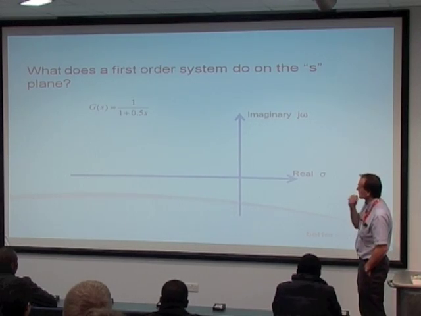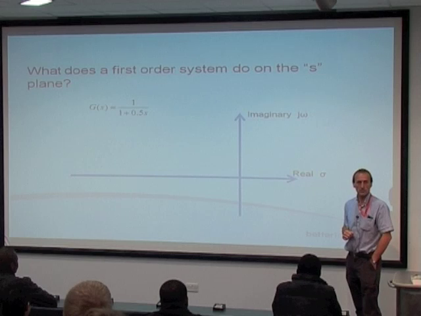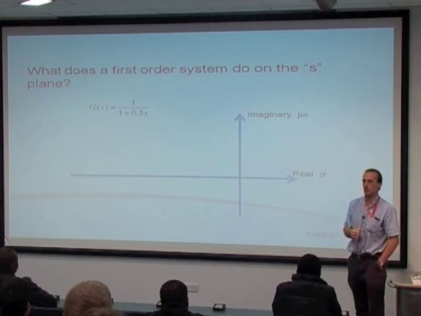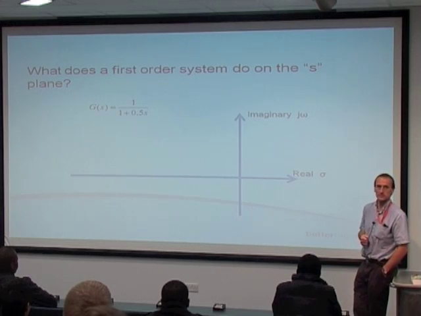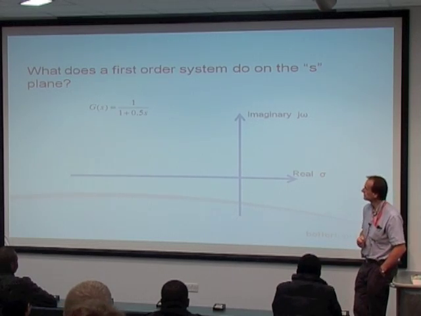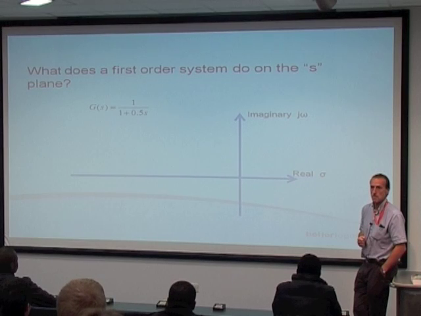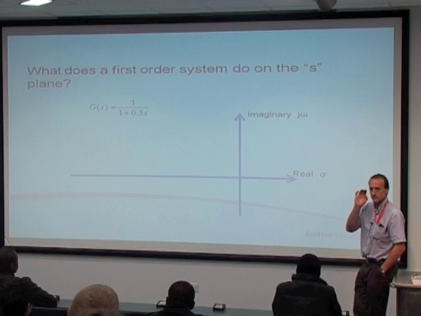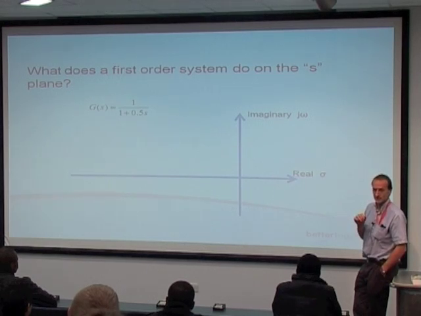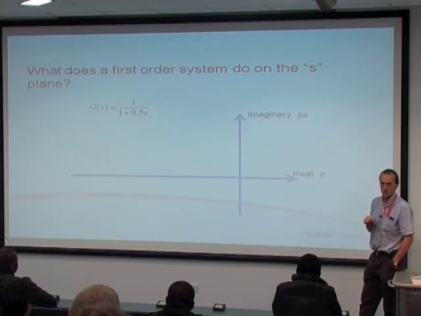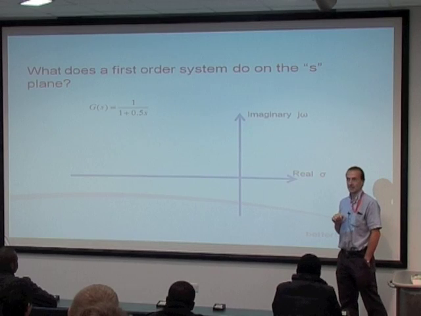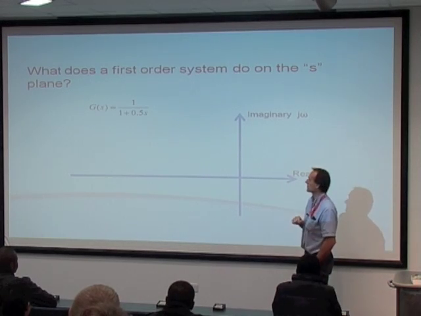And what about my example first order system? Somebody going to tell me where the pole is? 1 over 0.5, minus 2, thank you very much.